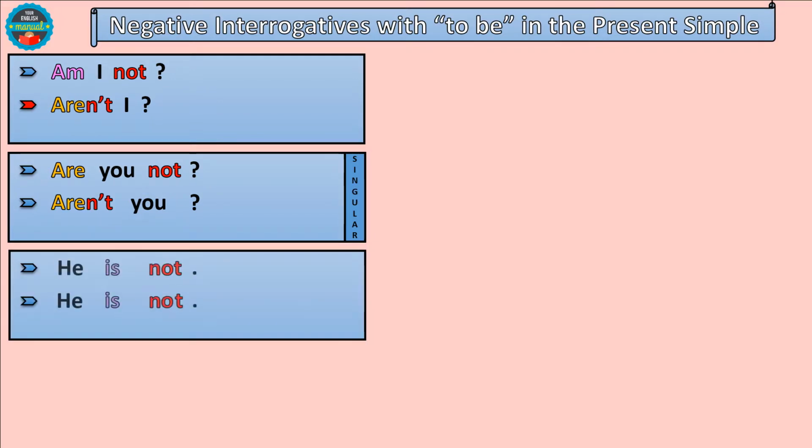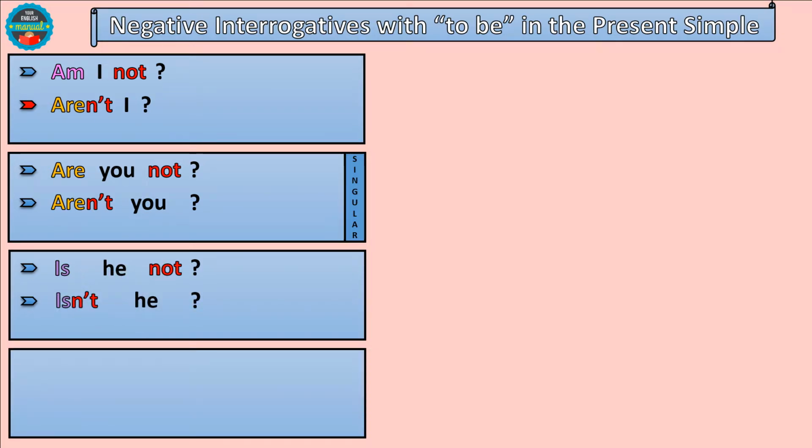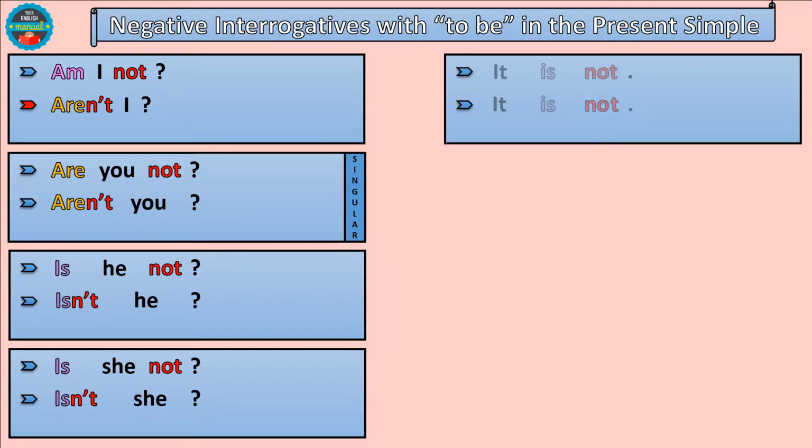In the same way, he is not can become both is he not and isn't he. She is not can become both is she not and isn't she. It is not can be both is it not and isn't it.